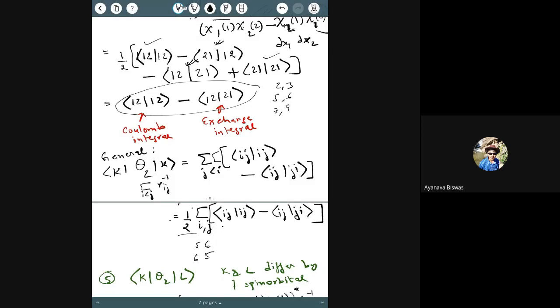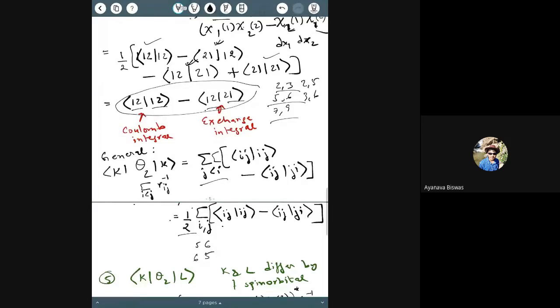And here also there is no restriction, because one term is 1 2, another one is 2 3, another one is 5 6, another is 7 8, or even 2 5, 3 6, everything. So when I sum all the matrix elements, each expression is the same and it goes over all pairs of orbitals, spin orbitals. So this sum carries through from the operator to the integrals.